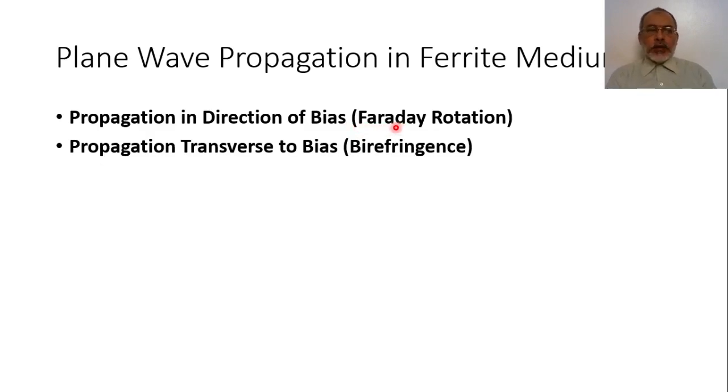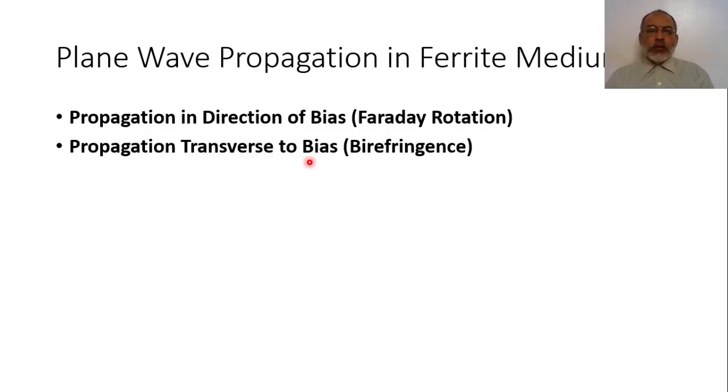On the other hand, if the biasing DC magnetic field is in the z direction, for example, and the plane wave is propagating in x direction or in y direction, the direction of propagation in this case is normal to the direction of the biasing DC magnetic field, or in other words, this propagation is transverse to the biasing magnetic field.